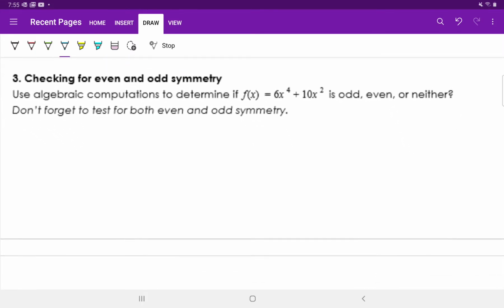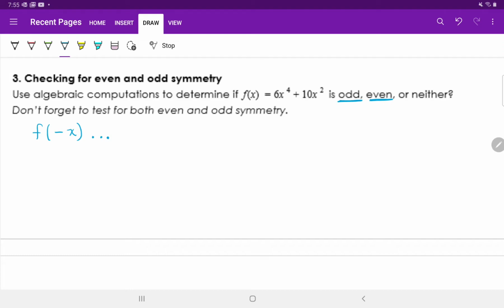In this problem, we're looking for even or odd symmetry. The way to do that is to start with your function, and instead of plugging in x, we're going to plug in negative x. Once you do that, you're going to compare the end point to the starting point.